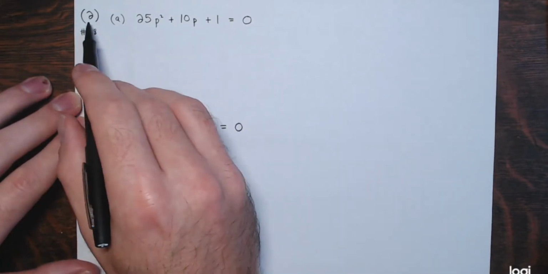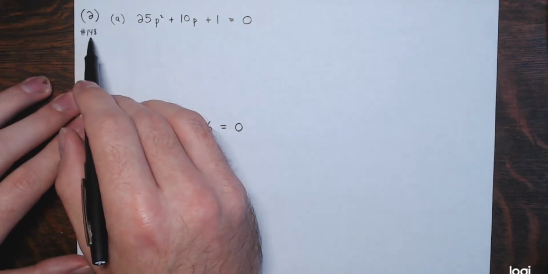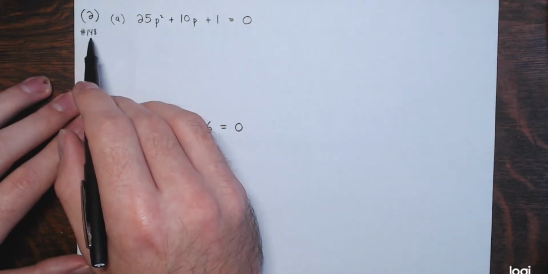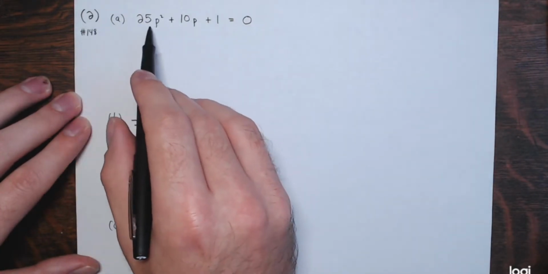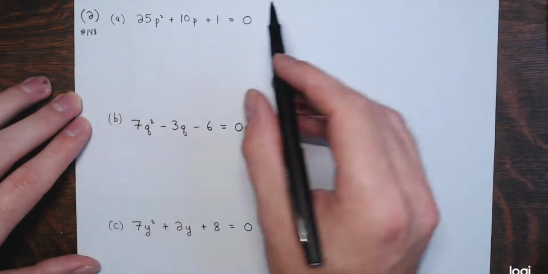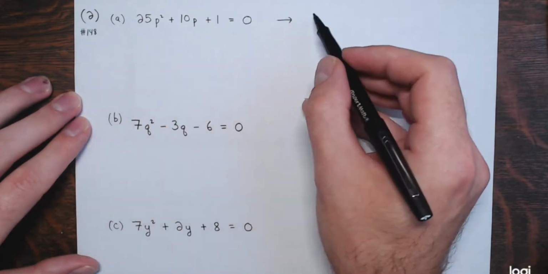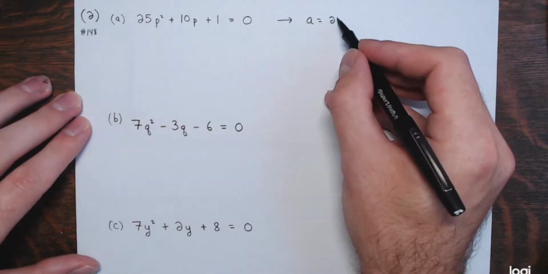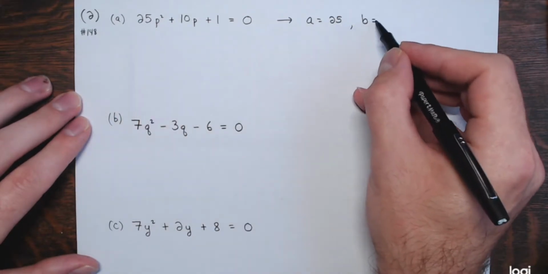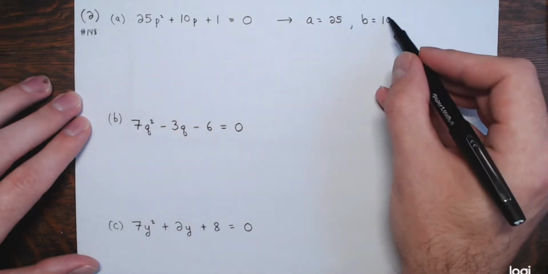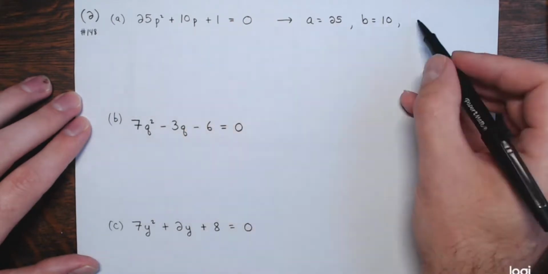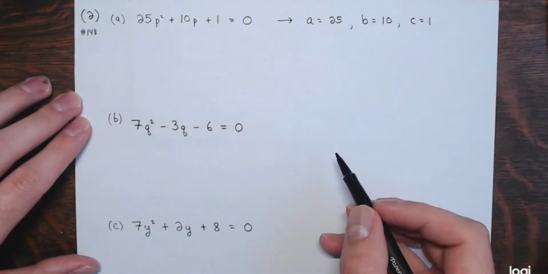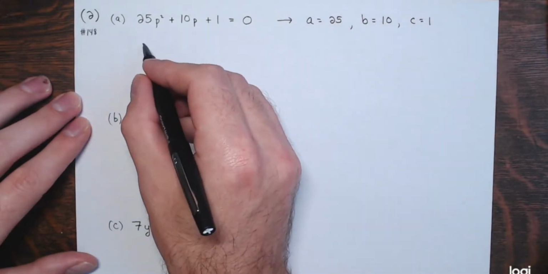Alright, so number 2, which is exercise 148 from the text. Part A. So it's in the form that I want. So I'll identify the coefficients, right? A is the quadratic coefficient, 25. B is 10, the linear coefficient, and C is the constant, 1. Capital D for the discriminant, right?